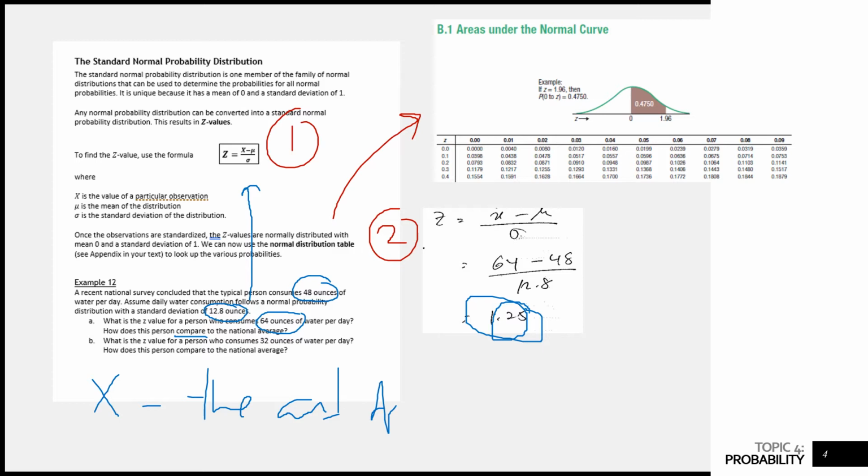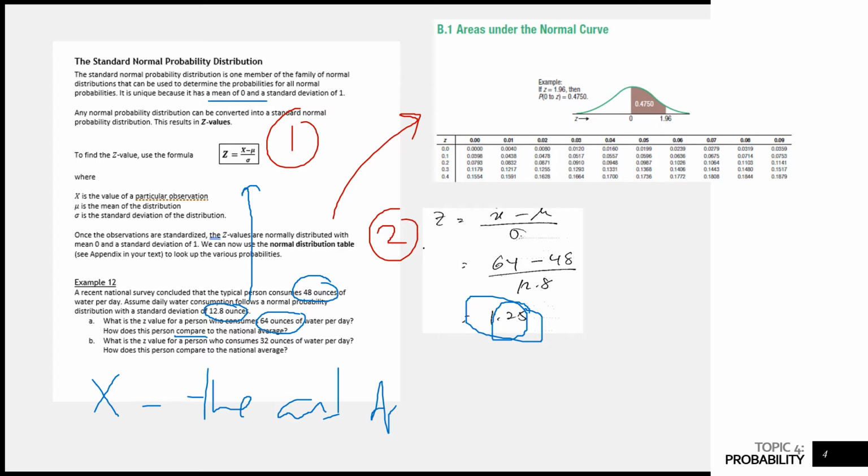I mentioned just now, where we talked about the standard normal, it's special because the mean is always 0. What that means is whenever you're given an average, if you were to standardize that average, it will always be 0. Why? Because the mean is 48 and the X value is also 48.